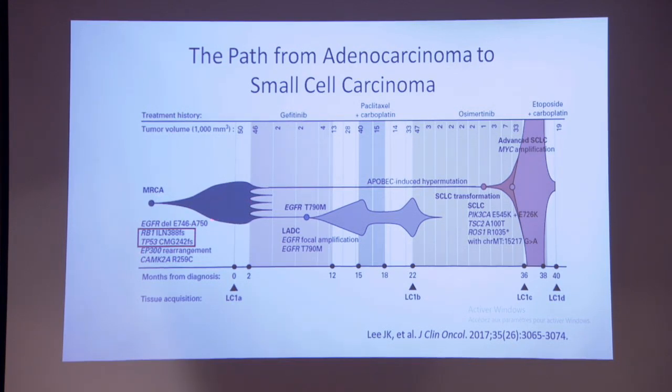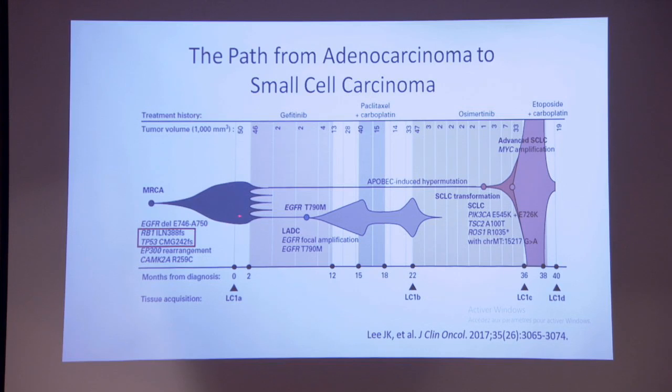So we go and find this EGFR mutation and we treat accordingly, but in a subset of cases, these mutations are present as well, again, from the very beginning. What appears to happen is that when these mutations are present, it allows the tumor to select for the development of at least one subclone that can undergo small cell transformation.